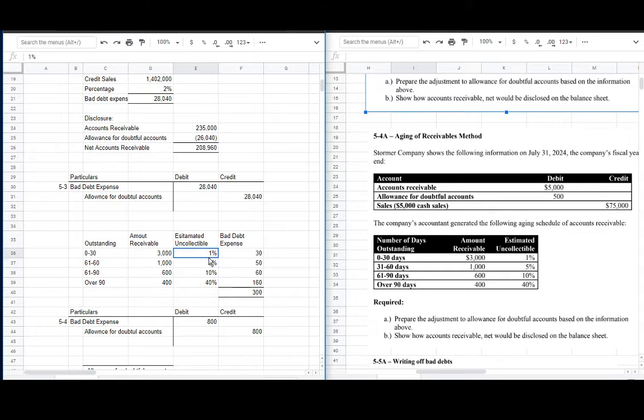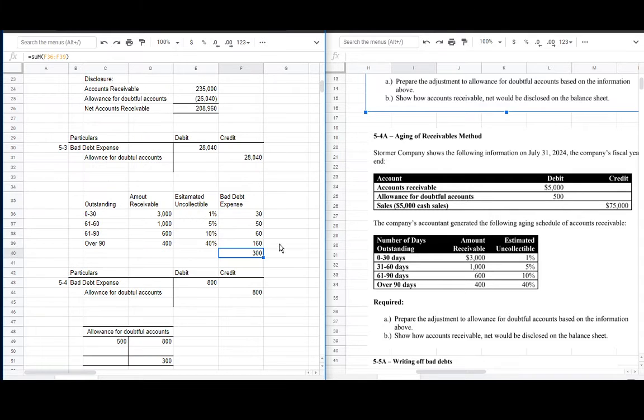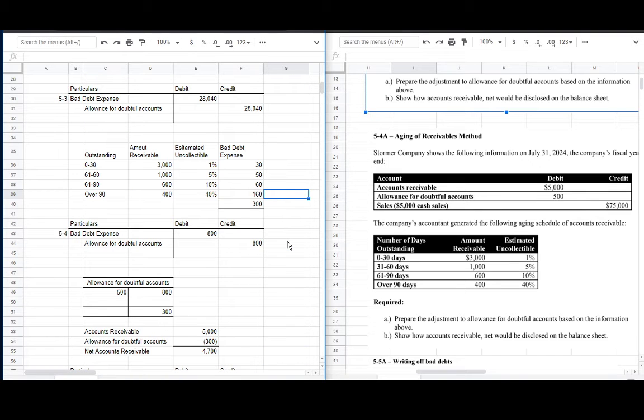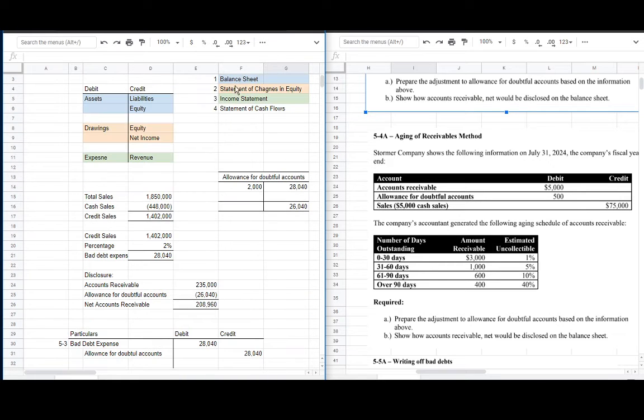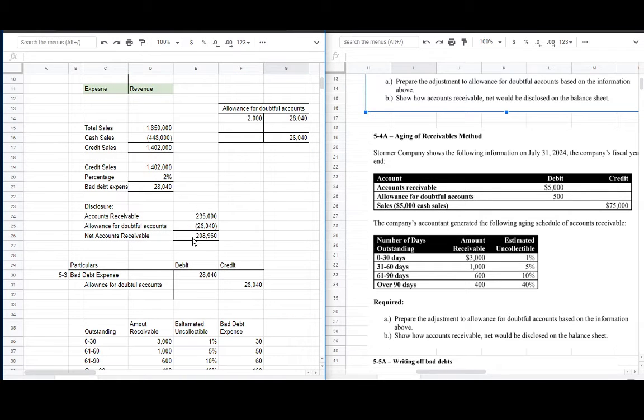So the percentage again is based on past experience or using statistical tools or computer analysis. We multiply to get the bad debt expense: 3,000 times its percentage of estimated uncollectible, we get 30. Same with this and this. And so when we add these for all accounts, we get a 300 balance. This is unlike the previous one, where the bad debt expense was the journal entry.